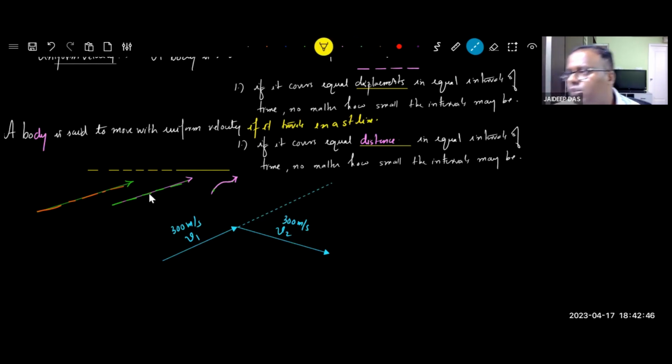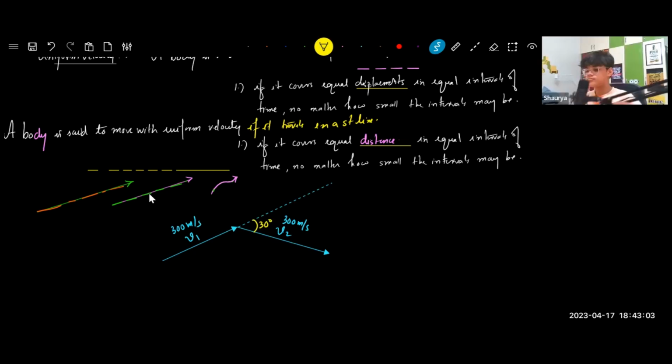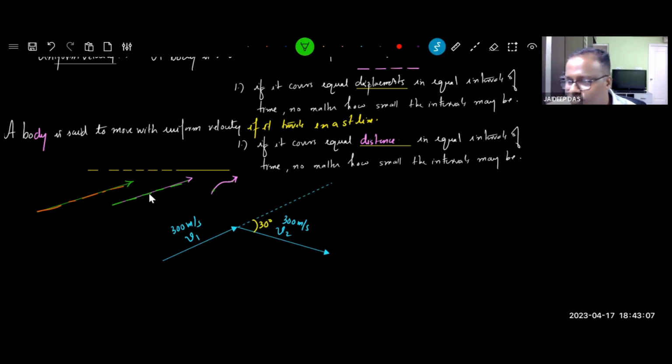And in grade 11, you will get this problem that a Boeing then maneuvers 30 degrees away from his direction. Velocity has changed. The speed is same, but the velocity has changed. Okay? And if Shaurya was going like this, he's our fighter pilot. Just see this.